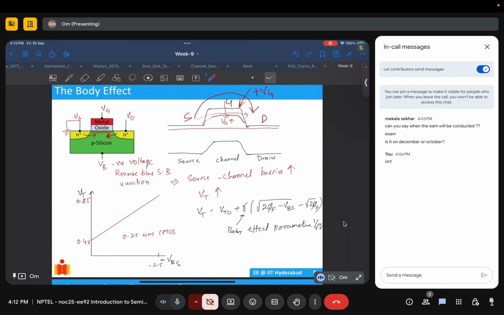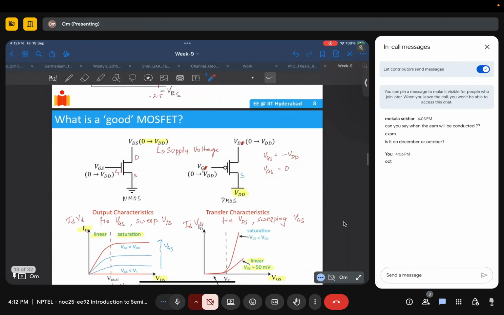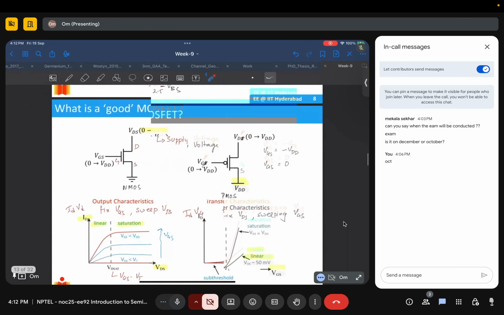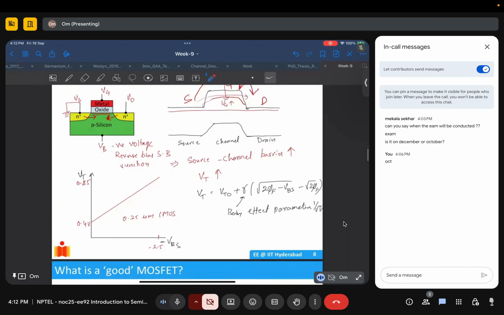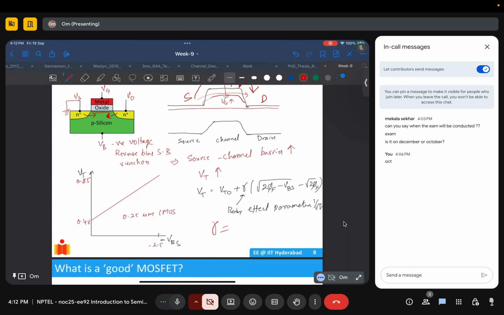This dependence of threshold voltage on VB is taken care of by this relation: VT is VT0 plus gamma times the square root of (2 phi f minus VBS) minus square root of 2 phi f. And this gamma is the body effect parameter, given by the square root of 2q epsilon_si Na, divided by Cox.